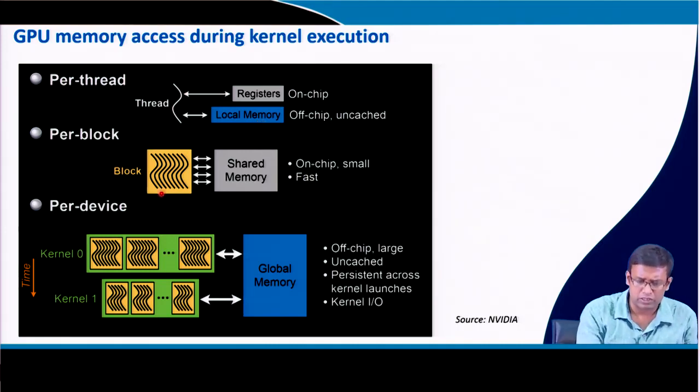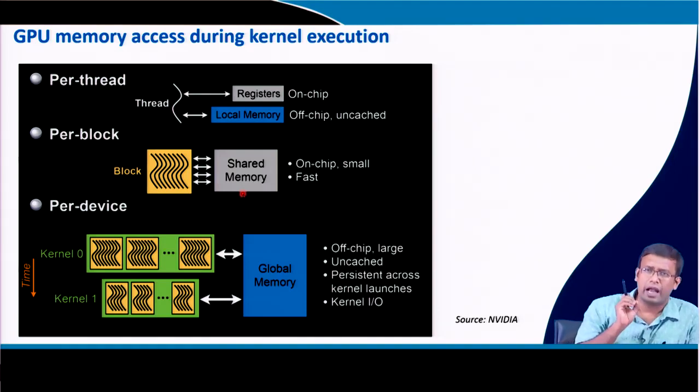The threads themselves can look into registers and local memory, but the block as a whole can look into shared memory, which is a small memory, 64 kilobytes or 96 kilobytes in size, attached directly to the streaming multiprocessor. So it is on-chip memory, and it is fast. We are talking about two terms, on-chip and off-chip.